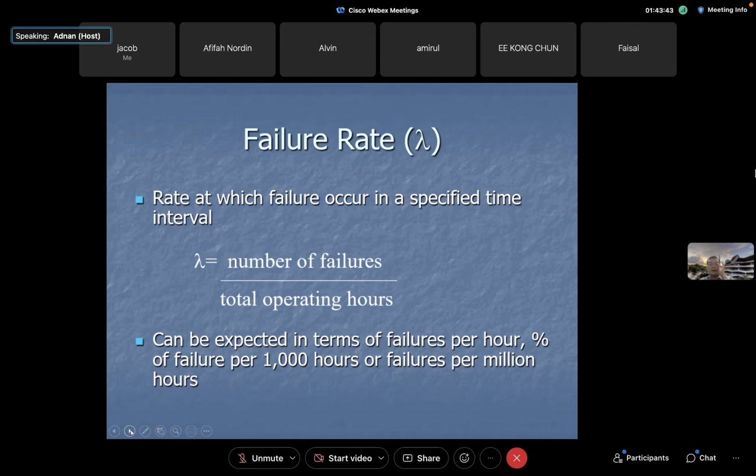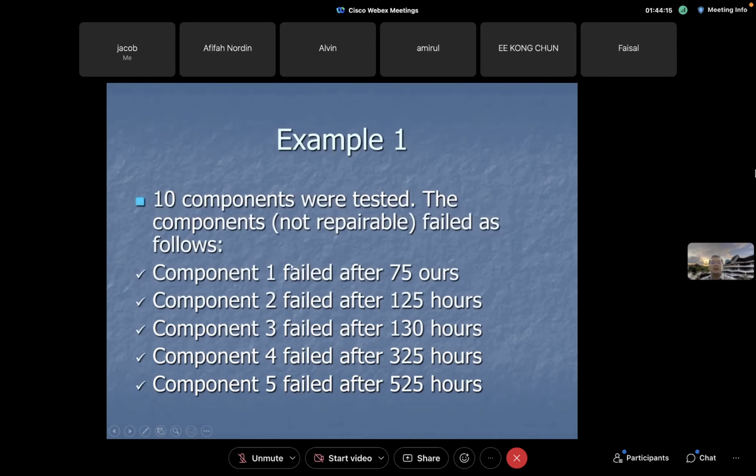Here is an example. We want to estimate lambda. Lambda is the number of failures divided by total operating hours. Let's say you are given failure as a percentage per 1,000 hours, or failures per million. Let's say 10 components were tested.